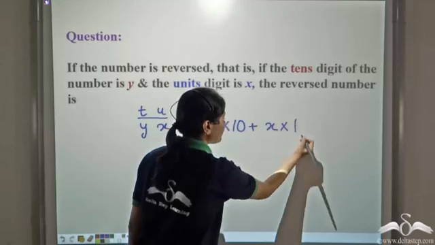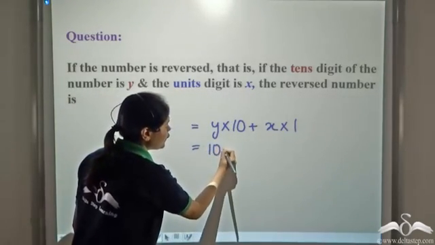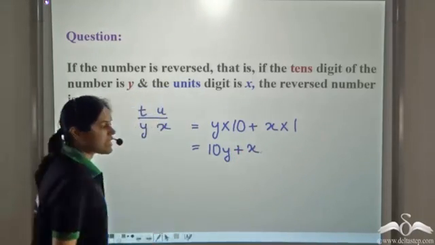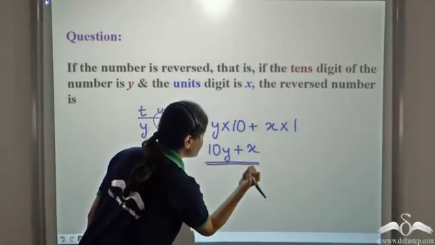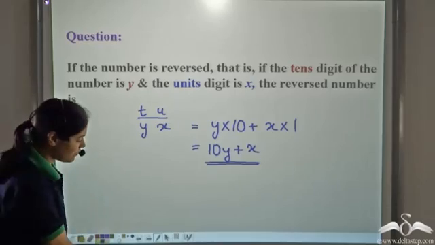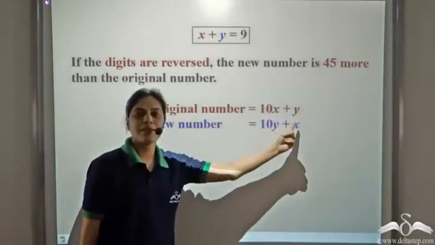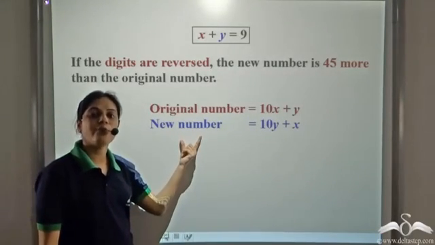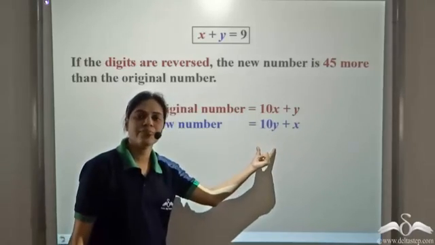Y into 10 is 10y and x into 1 is x. So this is 10y plus x. So if the original number is 10x plus y, the new number, that is the number formed by reversing the digits, is 10y plus x.